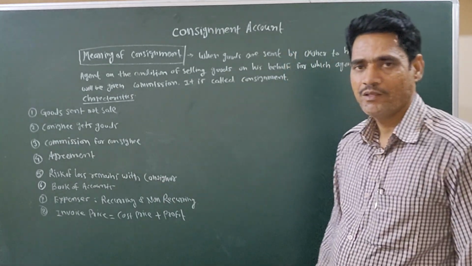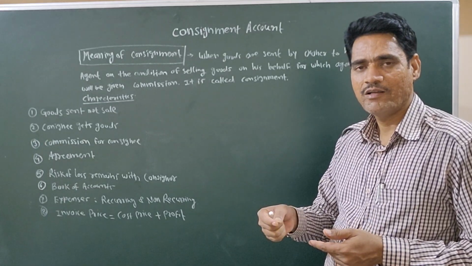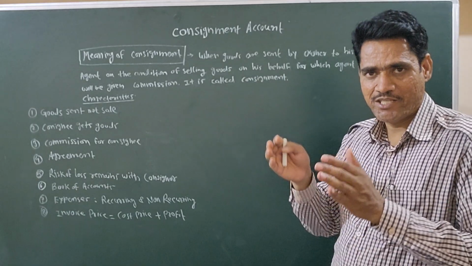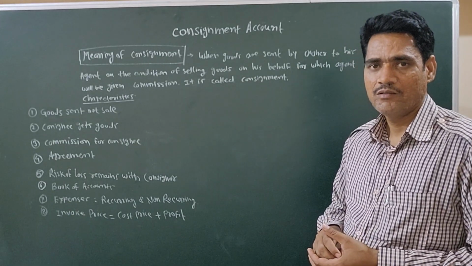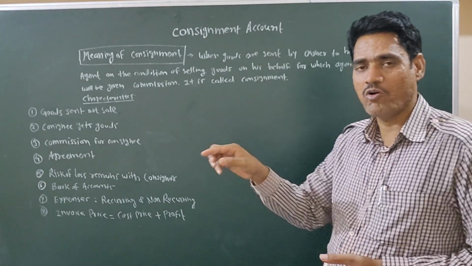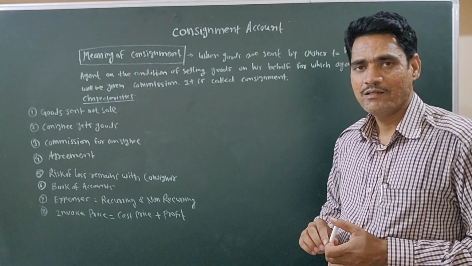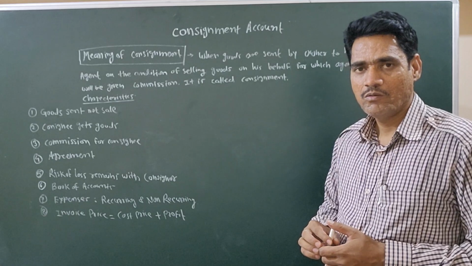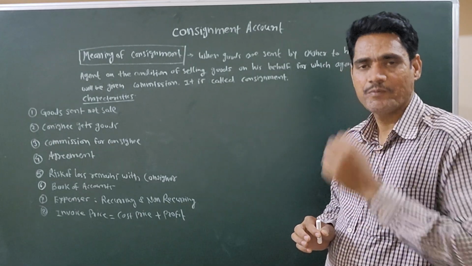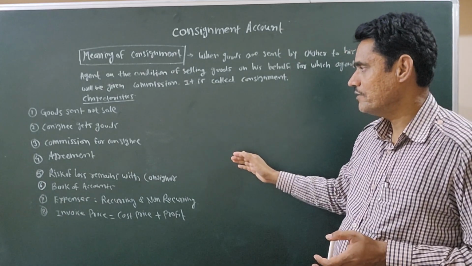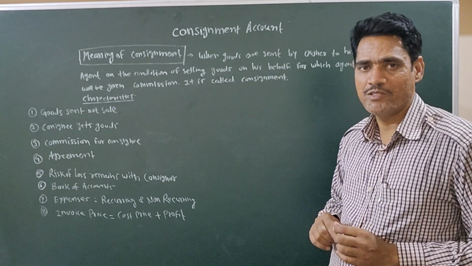Okay, next, expenses. What about expenses? Expenses are made for selling goods, and the total expenses are paid by the consignor. Those expenses are called non-recurring expenses, because only once in the life of the goods does such an expense take place, and it is borne by the consignor.